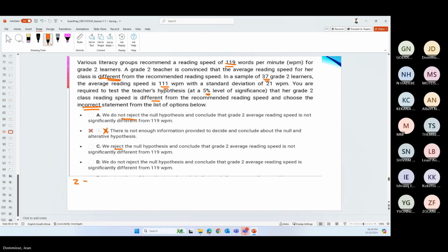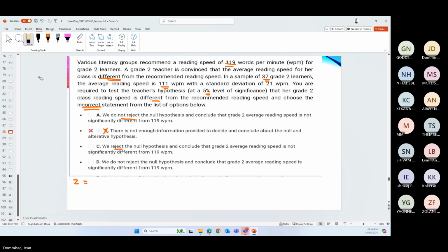So let's just see, is it a Z or a T that we're working with? A literary group's reading speed: the average reading speed with a standard deviation. So this is actually doing a T. So let's just check. We are going to work out the T, but that is fine.